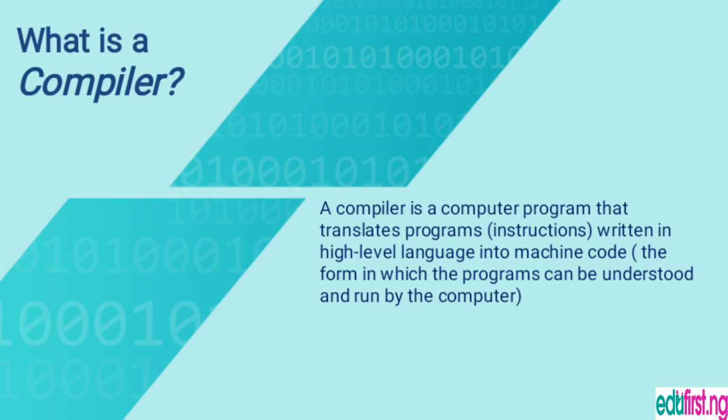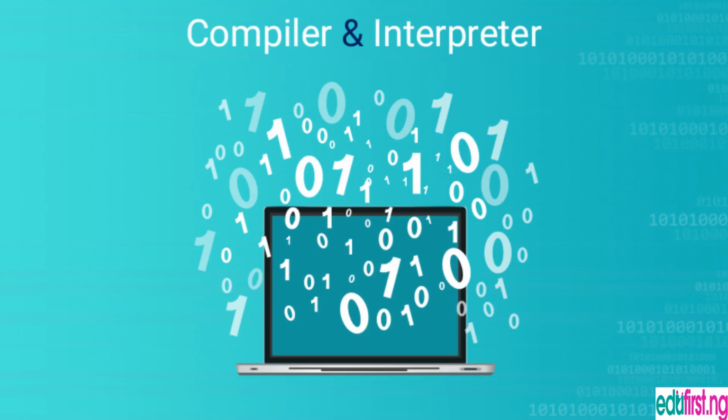That is the form in which the programs can be understood and run by the computer. The compiler translates each high-level instruction into several machine code instructions in a process called compilation and produces a complete independent program that can be run by the computer as often as required without the original source program being present.